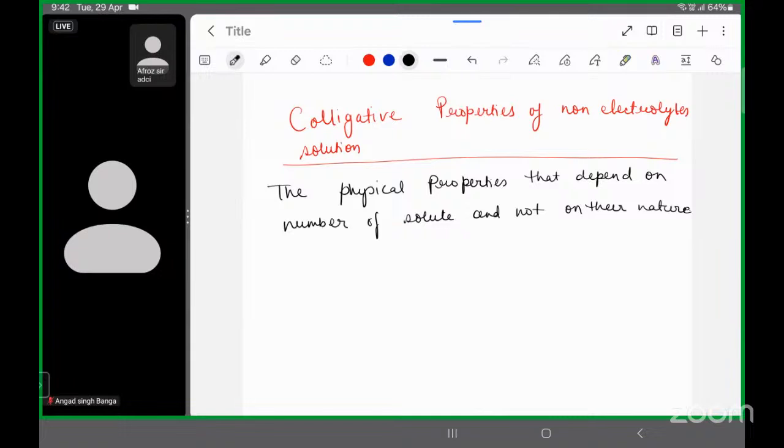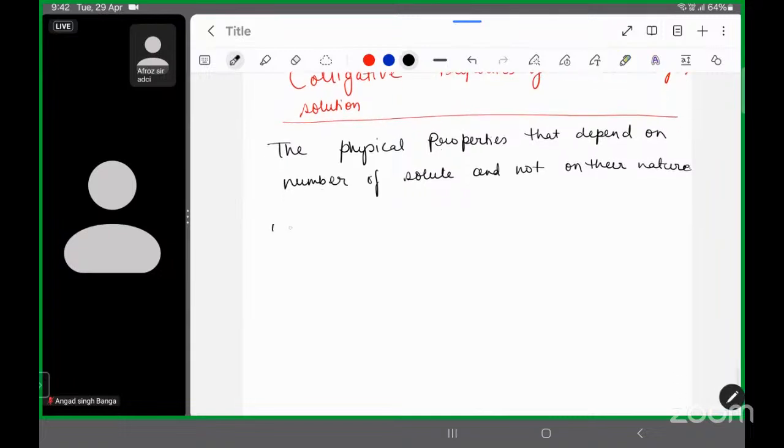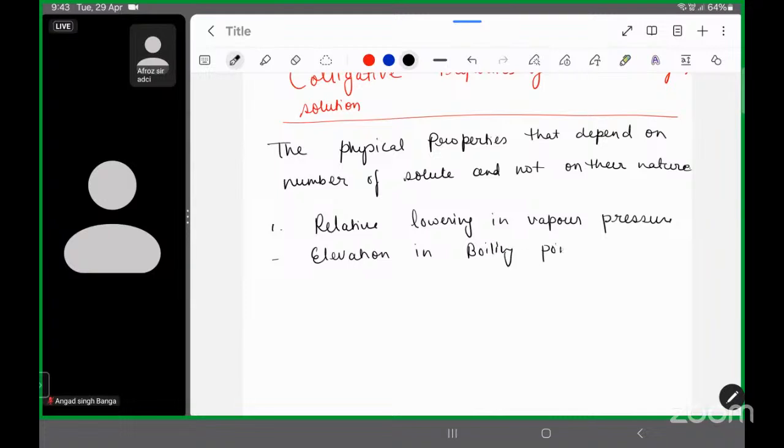So there are four types of colligative properties which we will discuss later on. These are relative lowering in vapor pressure, elevation in boiling point, depression in freezing point, and osmotic pressure.